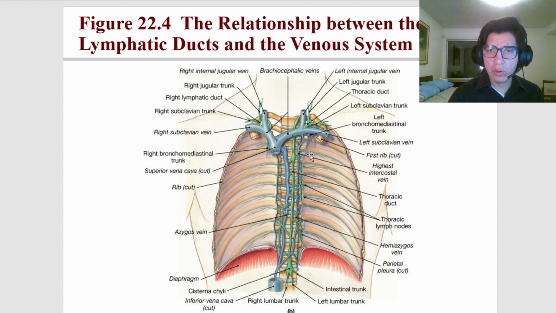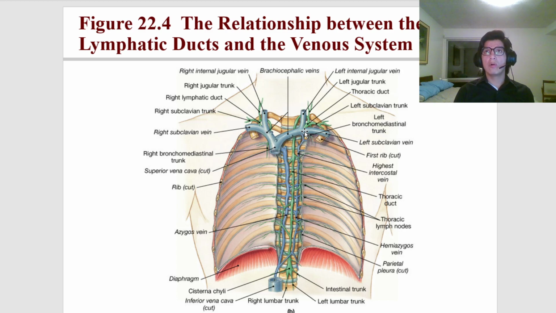Here is a view of the different trunks. Here's the left lumbar trunk, right lumbar trunk, and the intestinal trunk, draining into the cisterna chyli, which is contiguous with the thoracic duct. The thoracic duct itself eventually drains into the subclavian vein.